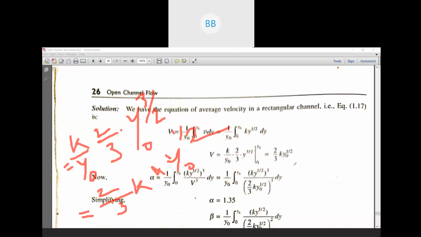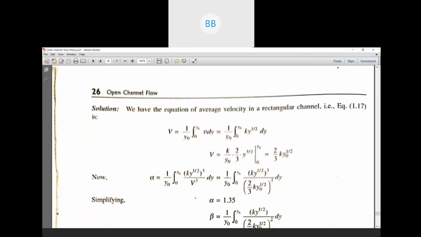So this is the answer for your average velocity, that is 2 by 3 k y naught to the power half. Now try to solve for alpha.